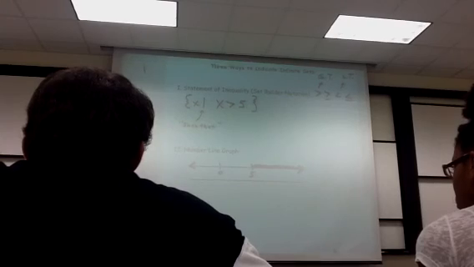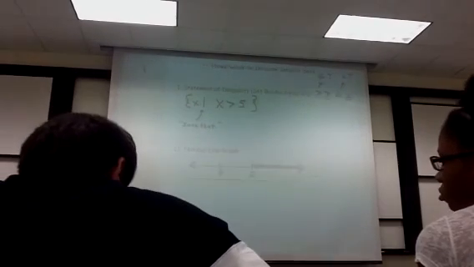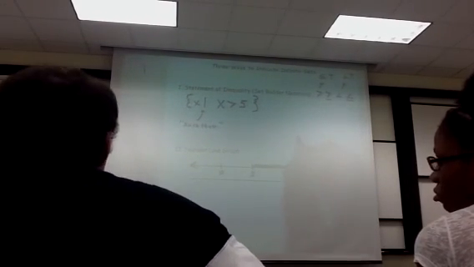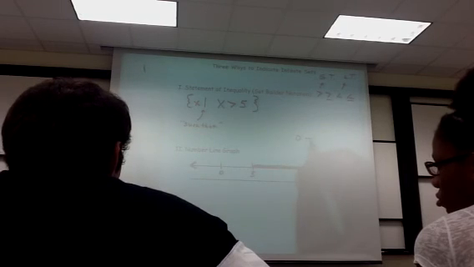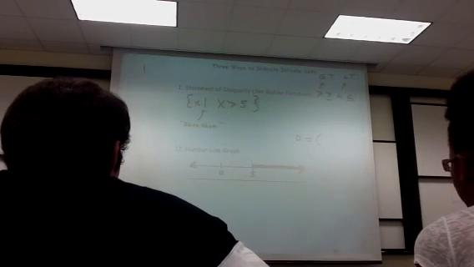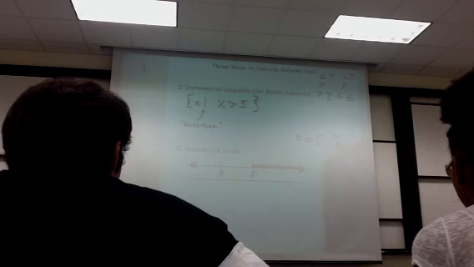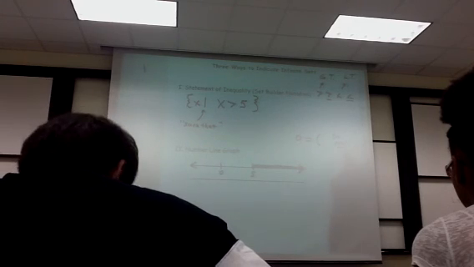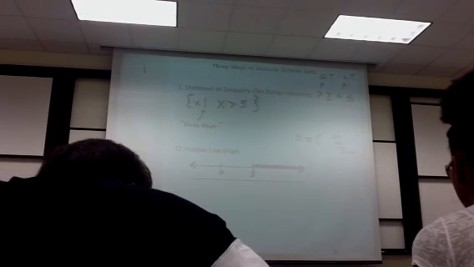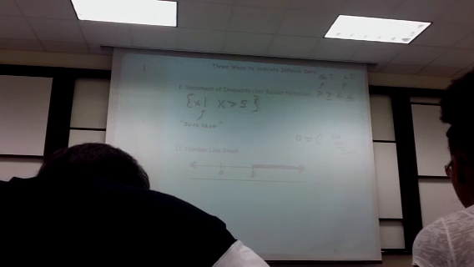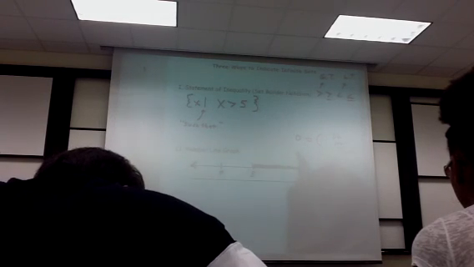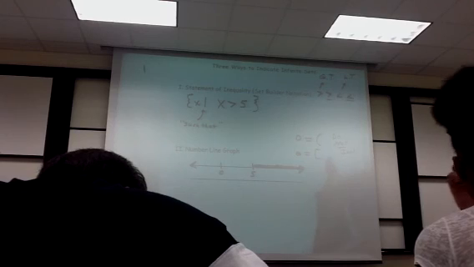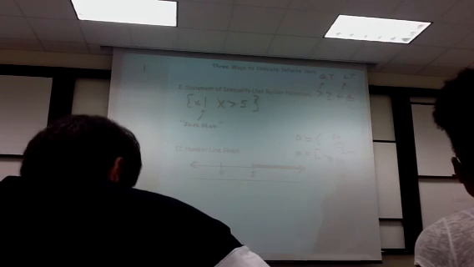Okay. So if you don't know the relationship, open circle is the same as parentheses, which means do not include. Closed circle is the same as bracket, which means do include.